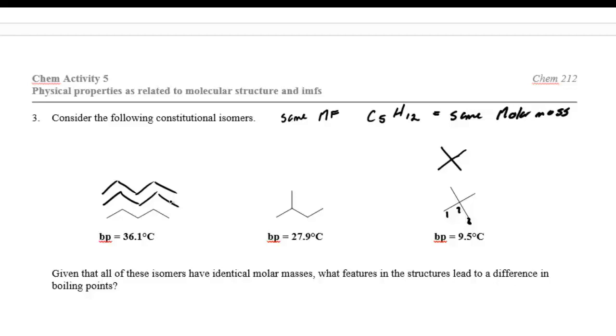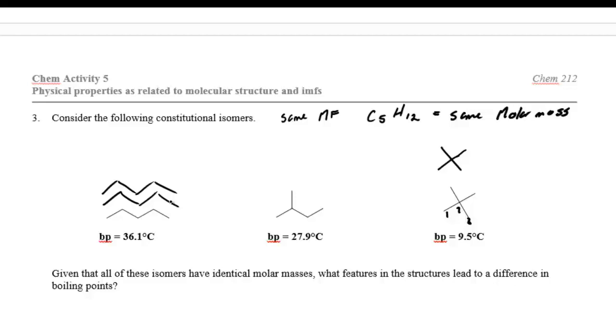Now, when students are introduced to this idea that surface area has an effect on London dispersion forces, sometimes they have a tendency of wanting to focus a lot on the surface area. I would like to point out that surface area, while important, should be considered in a sense as sort of the last difference. Make sure that you first of all compare the molar mass, that is the size of the molecule, and then if the molar mass is the same, then consider whether or not there are differences in surface area.